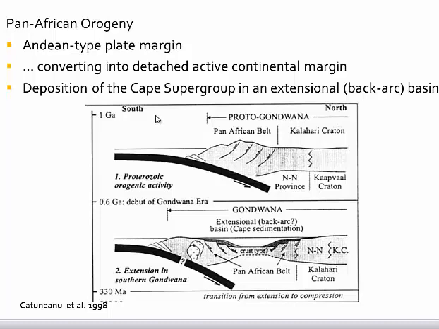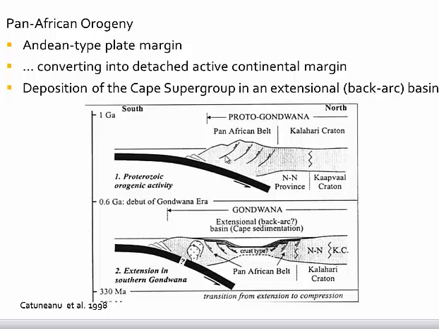And it was an Andean-type plate margin, as we see it today in South America. We had the subduction of oceanic lithosphere, and during that event, the Pan-African belt was forming. So here it was an Andean-type orogen. In other parts of Africa, it was a real continent-continent collisional orogen.